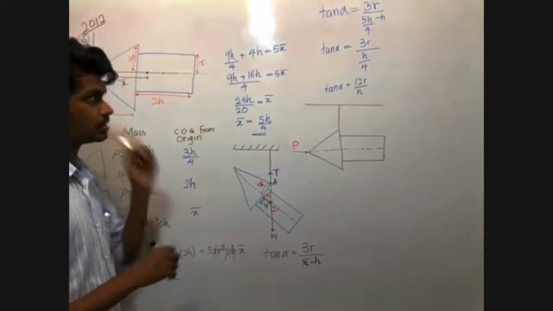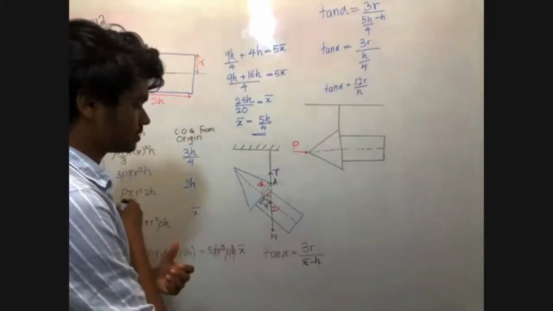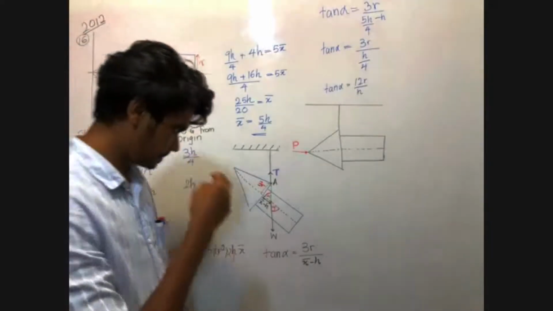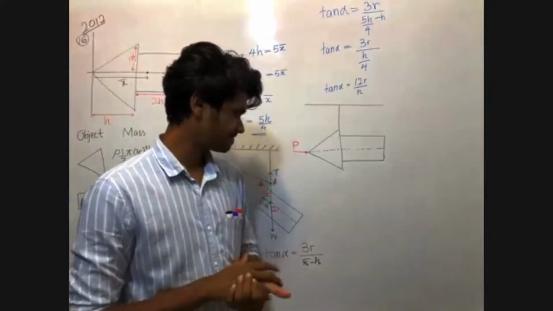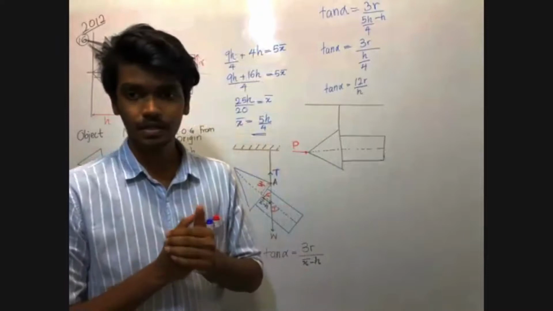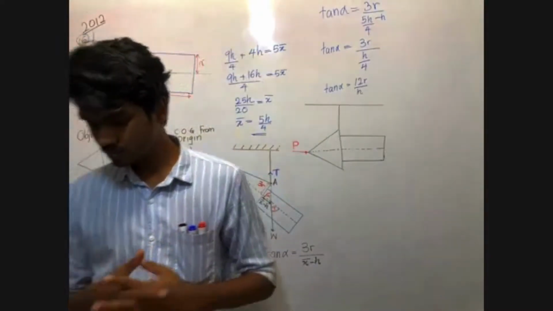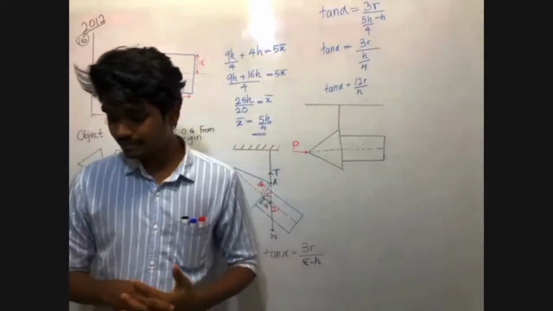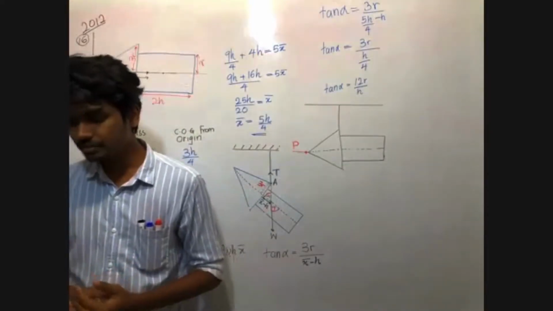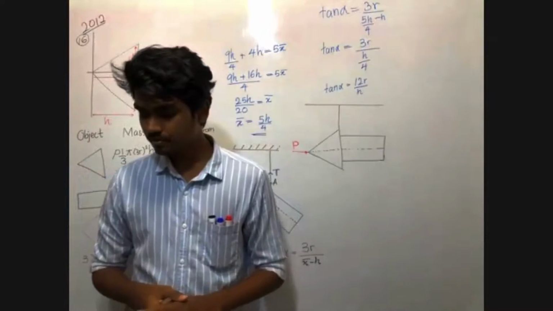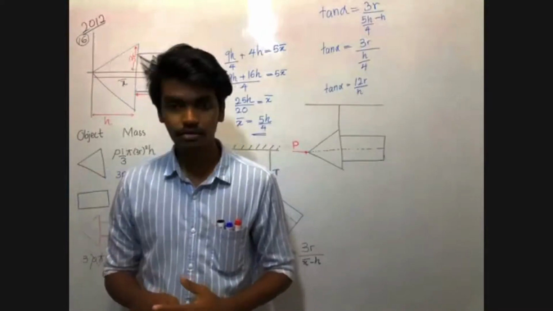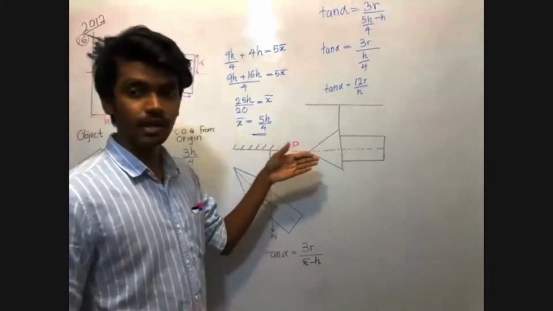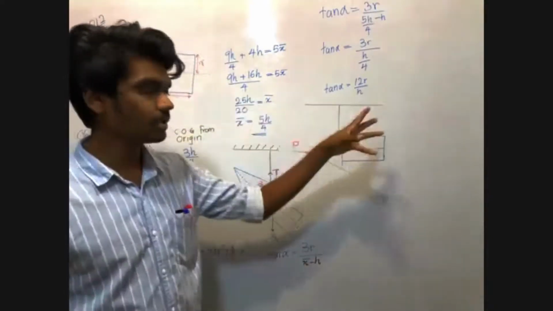Right? So what are we going to do? Yes, by applying P, they are asking us to find the P. What is the required P force to keep this in equilibrium?